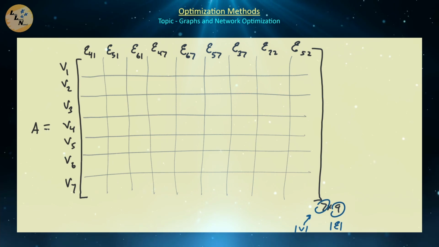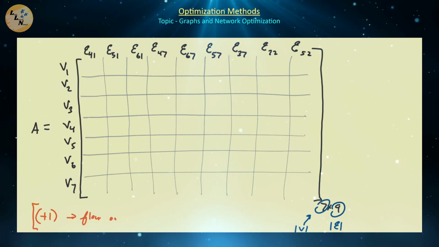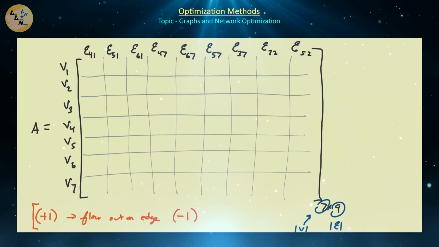So let's just review whether it's going to be 1 or -1. And where are they coming from? That's coming from the flow in, flow out principle that we defined before. So +1 is going to be corresponding to flow out on the edge, and then -1 is going to be corresponding to flow in on an edge, right?